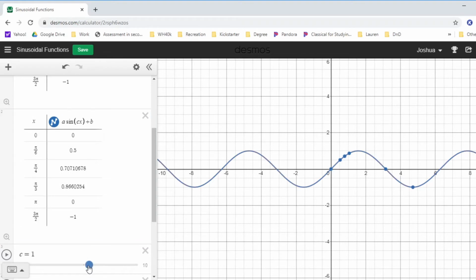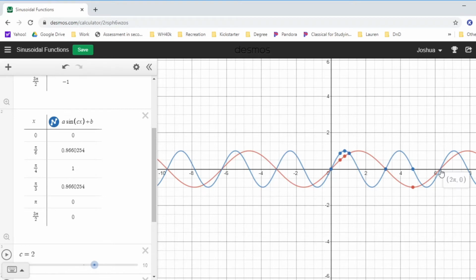So I have here this slider. You can see what happens if I double this, right? Normally the graph, right here at 2 pi comma 0 in the red, has completed one cycle. It has gone up, it's come down, and then it's completed one cycle.